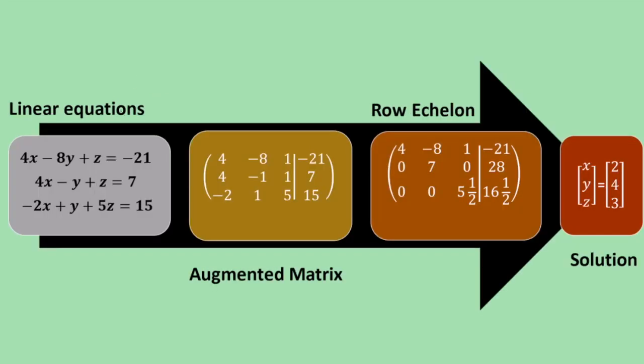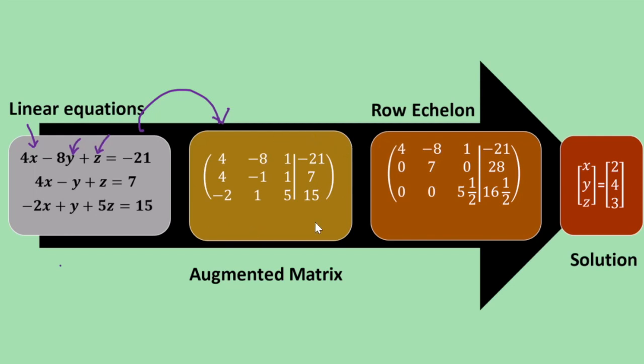The process starts with a set of linear equations or the linear system, which contains a set of variables. In this case, we have x, y, and z, and given a set of linear equations, we are going to transform this into an augmented matrix.